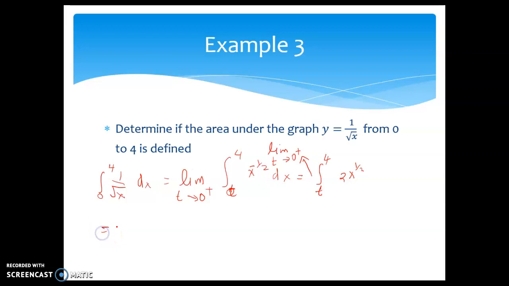So then we're going to get the limit as t goes to 0 from this side. So when we do this, it's going to be equal to 4 minus 2 root t. So when we take the limit as t goes to 0, we're going to get 4. So that means the area is defined to be 4.